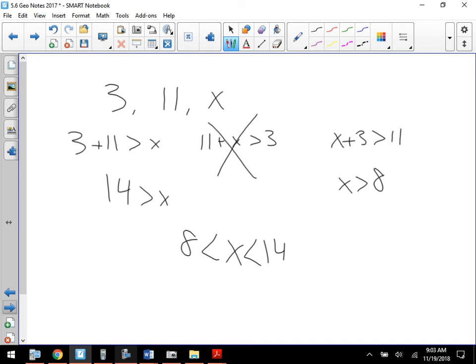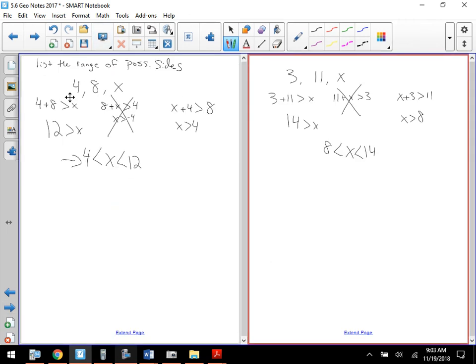So notice the pattern that's emerging. What's 4 plus 8? What's 8 minus 4? What's 3 plus 11? What's 11 minus 3? Add them, subtract them.